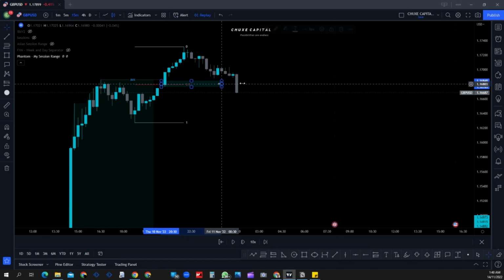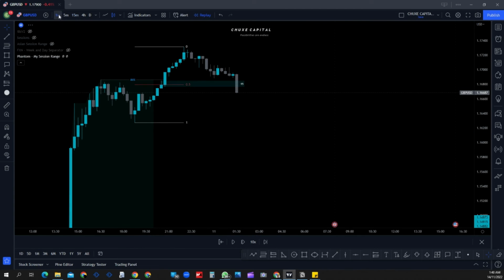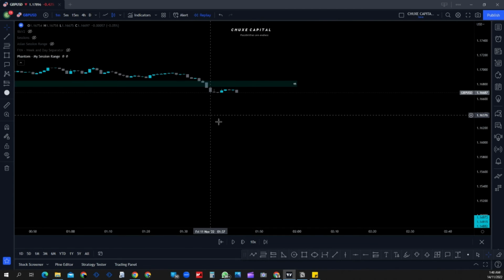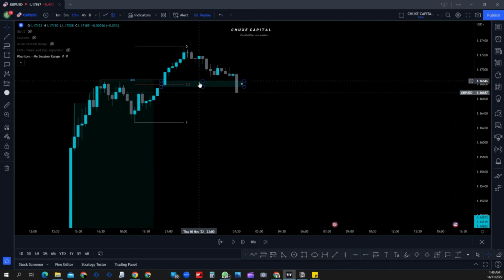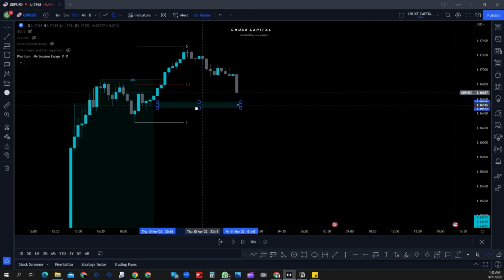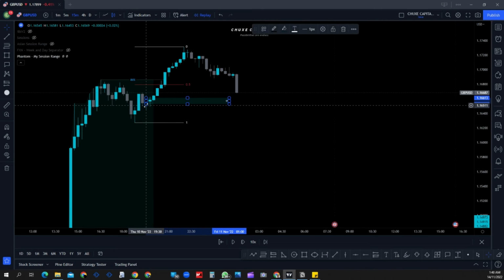So we haven't seen a chalk in there. The 1 minute chalk hasn't happened there. So we then wait to see maybe here.